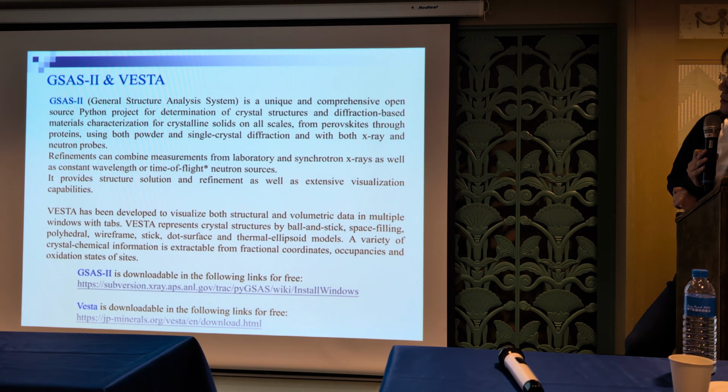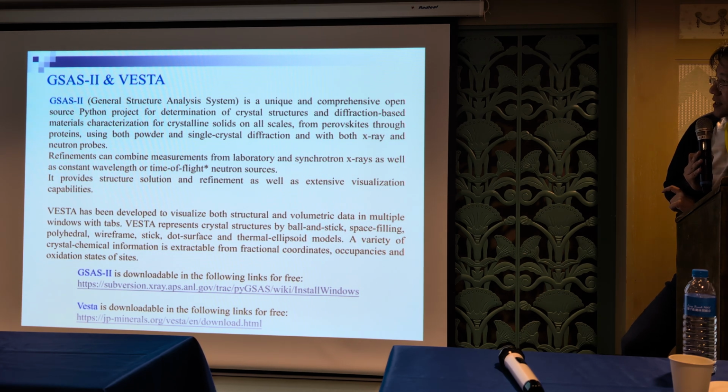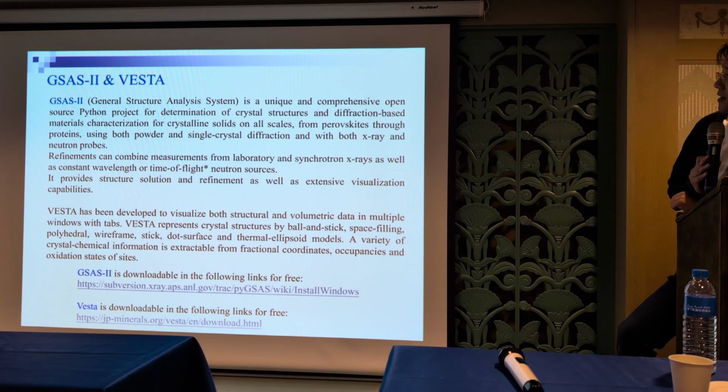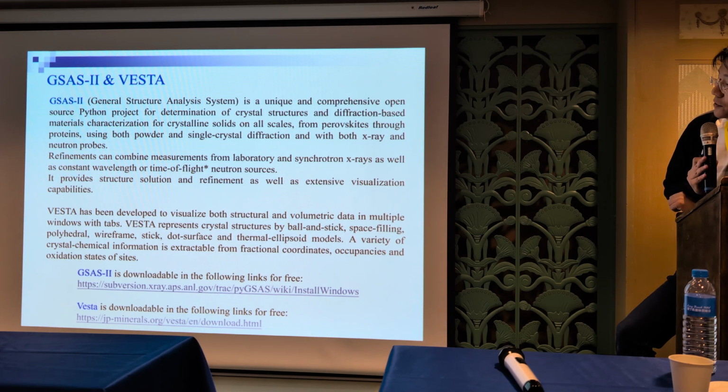And GSAS-II is a unique and comprehensive open source Python project for determining the crystal structure and diffraction-based material characterization for crystalline sides on all scales. Okay. And the other software is called VESTA.